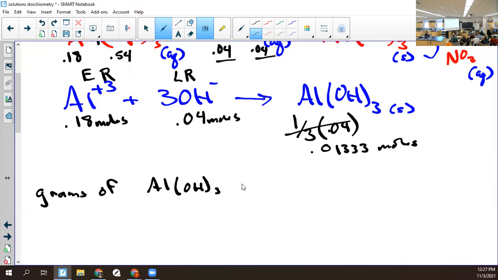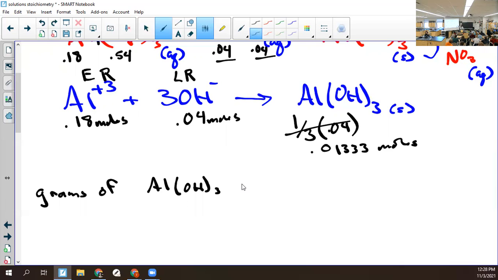Yeah, because it's 0.0133 moles. Okay, so raise your hands if you or your lab partner, if your group figured out how to do it. Okay, so 2/3 did, and it's okay.